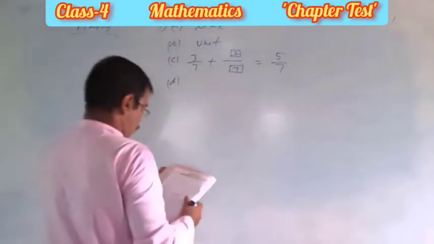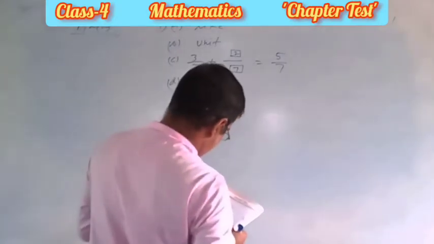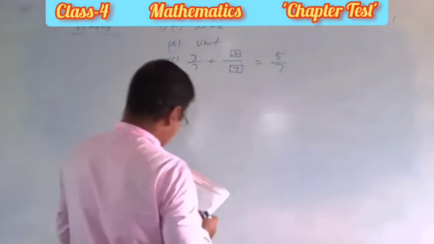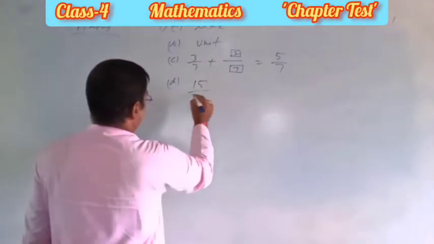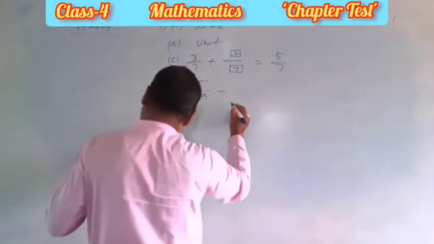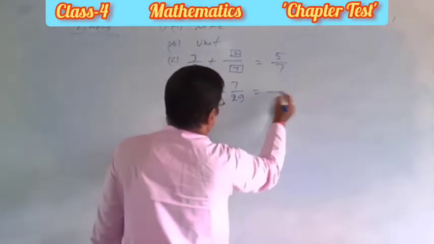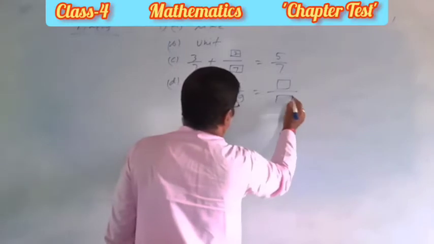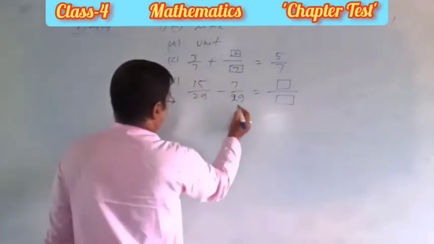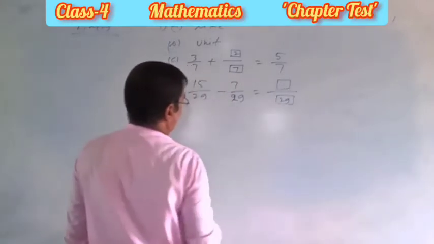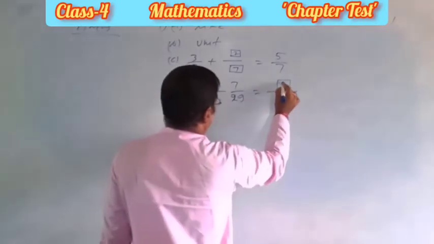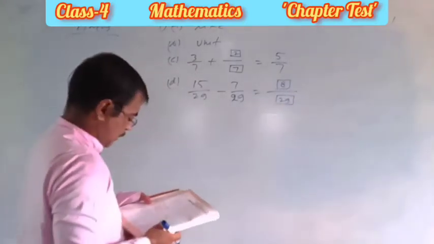So the answer is 2 by 7. D: 15 by 29 minus 7 by 29 equals what? Here also the denominators are the same, so you write 29, and 15 minus 7 is 8. This is your correct answer.